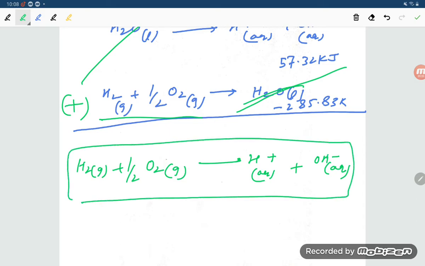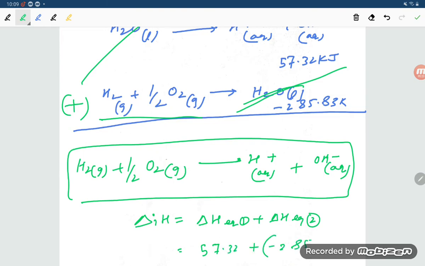So how did you get the required ionization reaction? By adding these two. The ionization enthalpy is delta H of equation 1 plus delta H of equation 2. Equation 1 is 57.32 and equation 2 is minus 285.83 kilojoule.